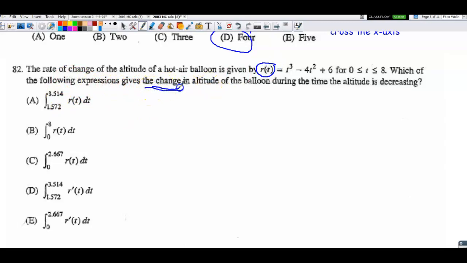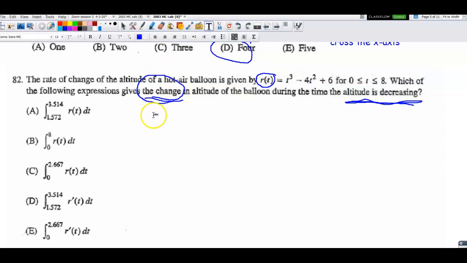So remember that word change tells us that we're looking at an integration problem. When you integrate a rate, remember you lose the rate. So we want the change in the altitude during the time that the altitude is decreasing. All right, so let's think about that.